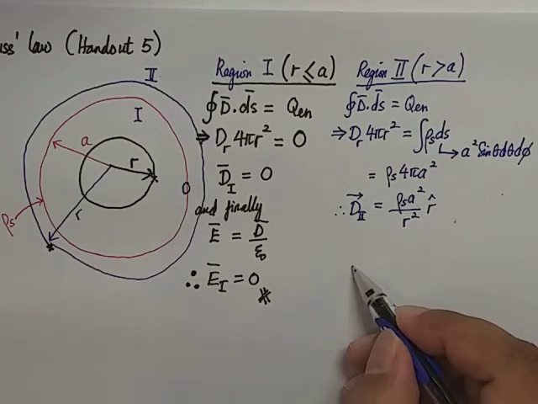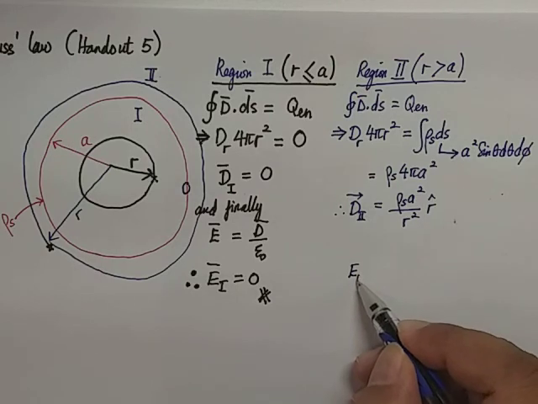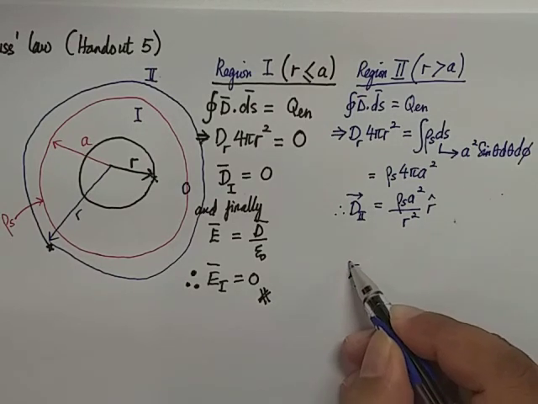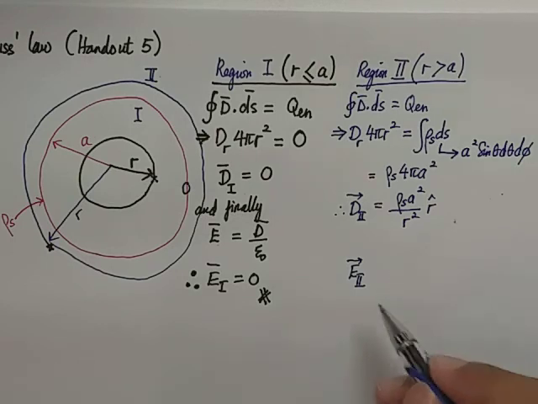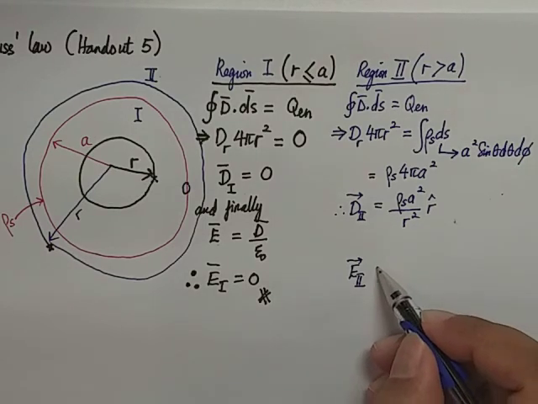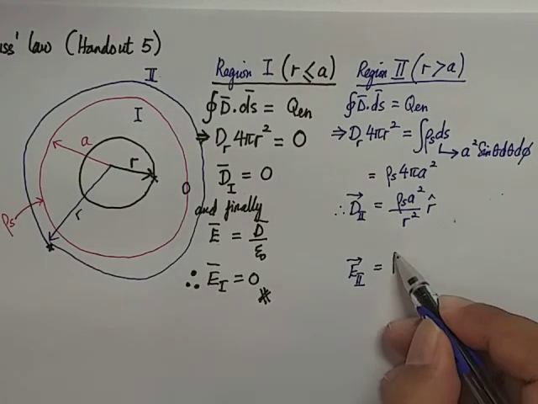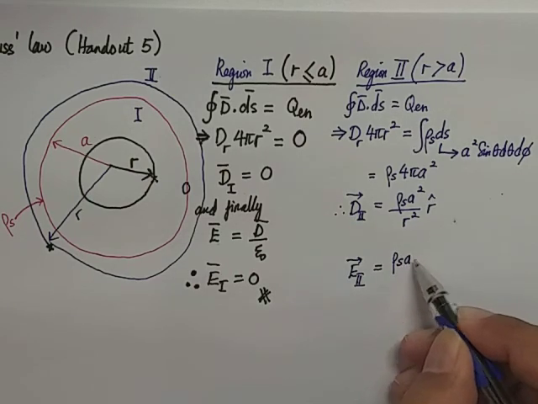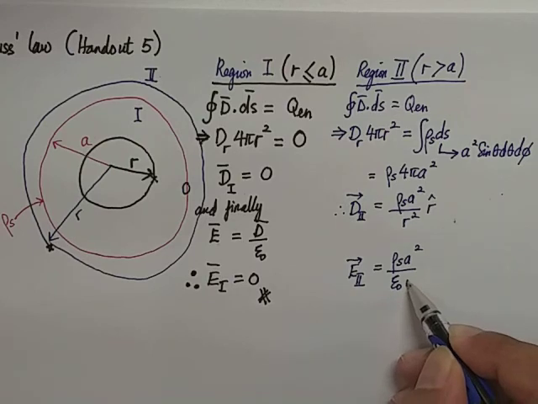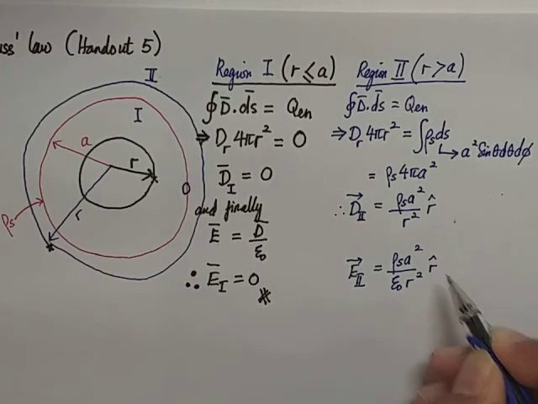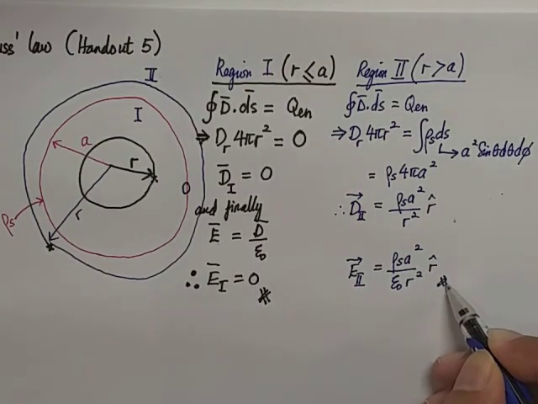And for E number 2, which is requested by the question, the question asks us to find electric field intensity, not electric flux density. So you must find the E, which should be equal to rho_s a squared over epsilon naught r squared in r direction. Okay, that should be our E2.